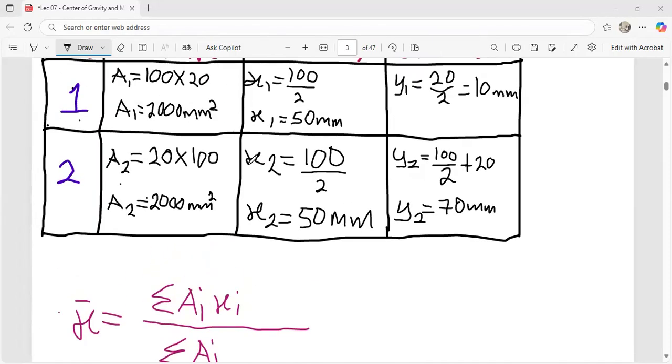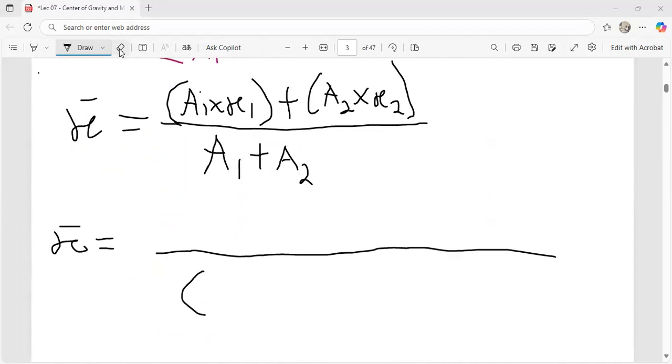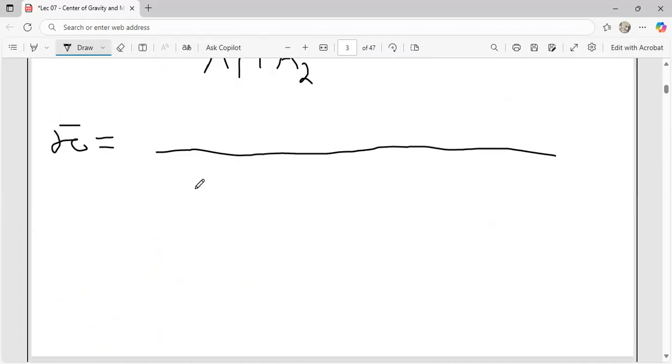What was the value we had for our A1? We had 2000 and our A2 we had 2000. So for the denominator, we're going to write 2000 plus 2000.